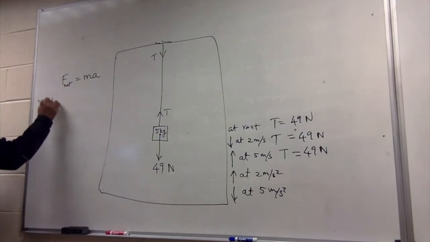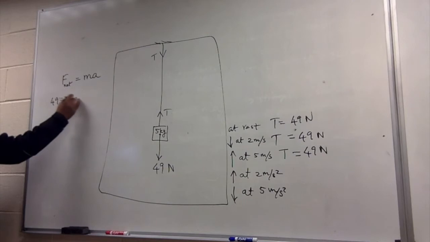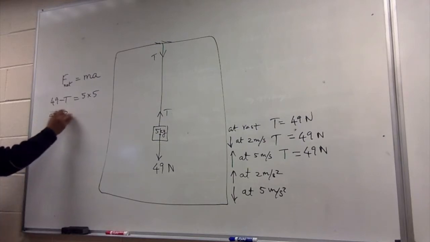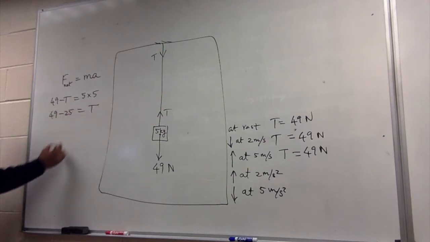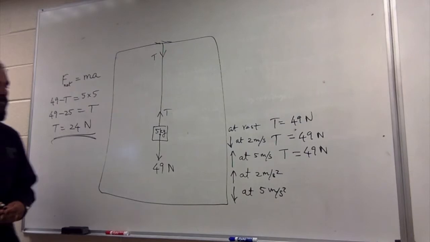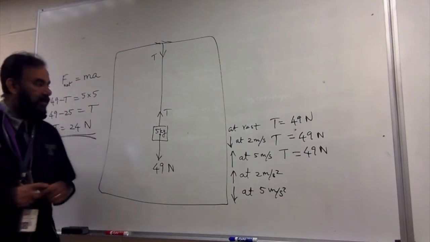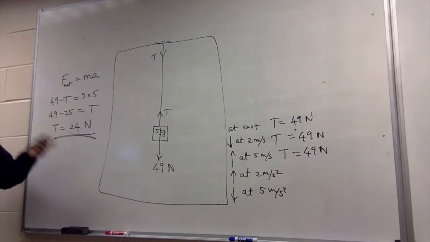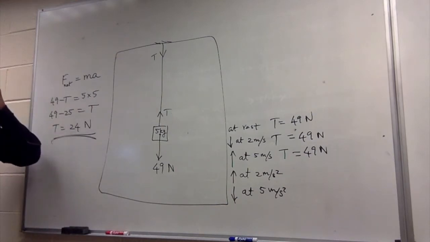So the weight, 49, minus the tension upward is equal to ma, which is 5 times 5. So 49 minus 25 is equal to tension. So tension is how much? Tension will be much lower, 24 newtons only. And you see how we got this is by just using the second law straight away.